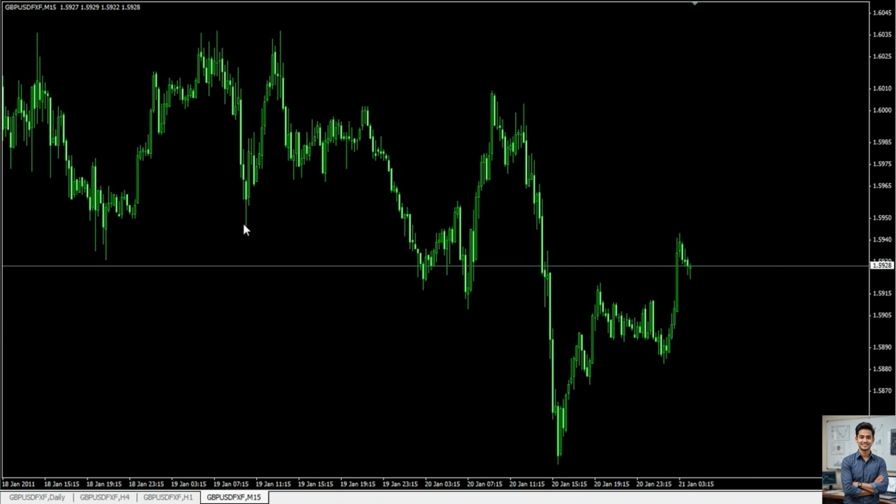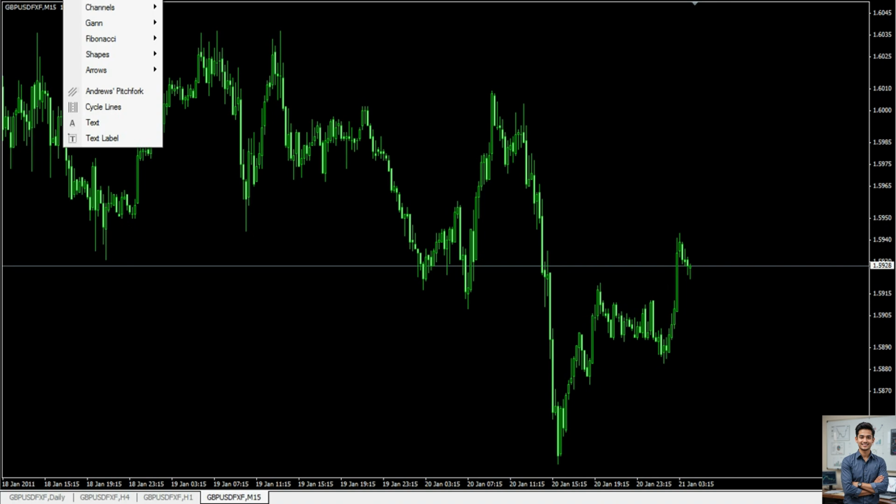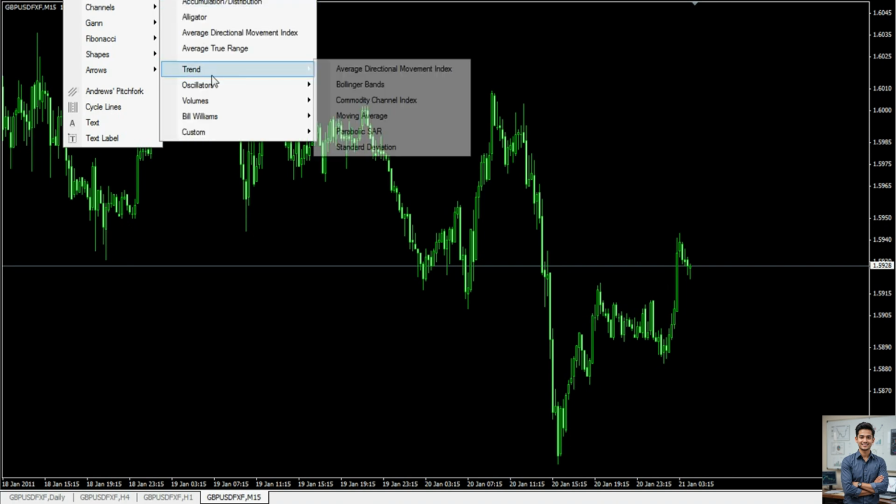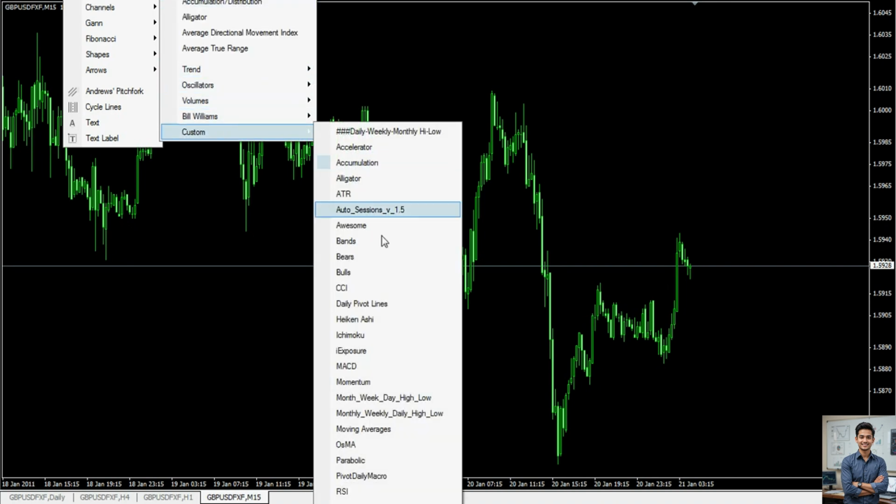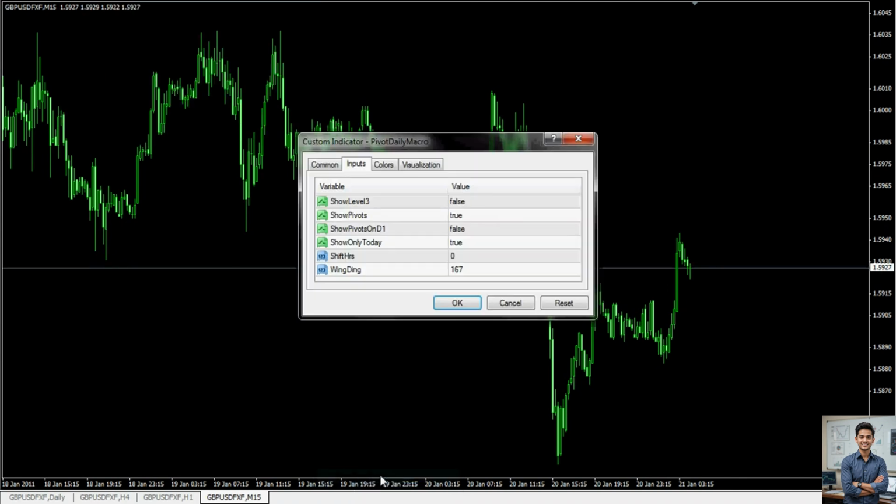looking at the 15-minute chart, this is where we enter our pivots. Okay, and I post the pivot daily macro.